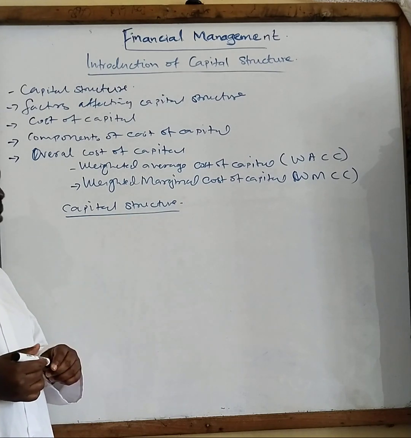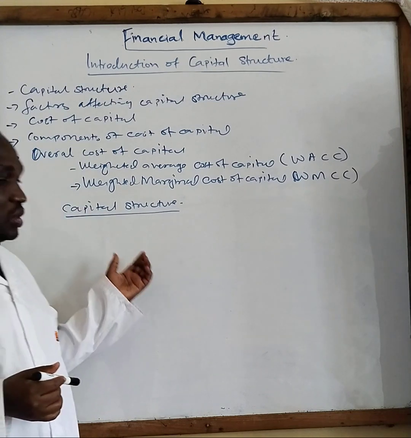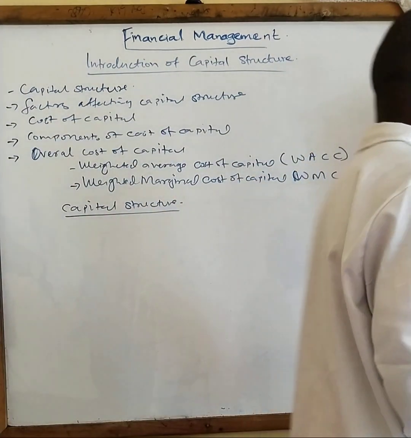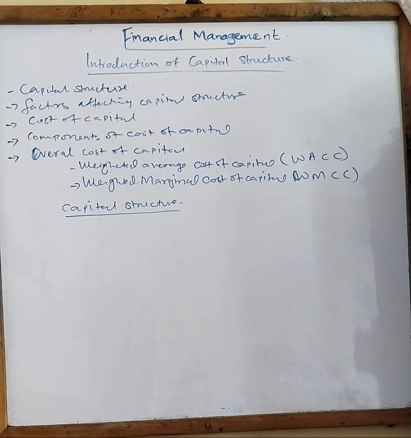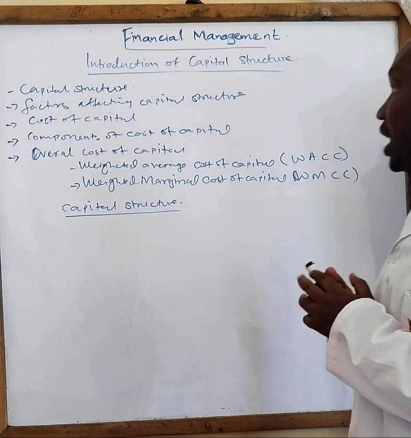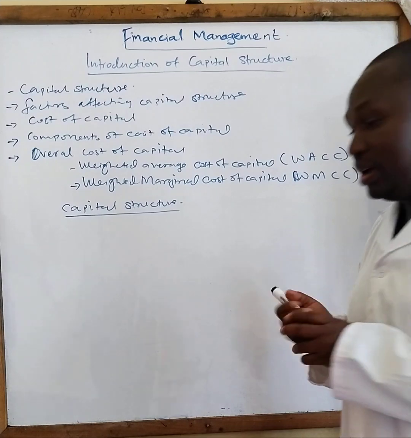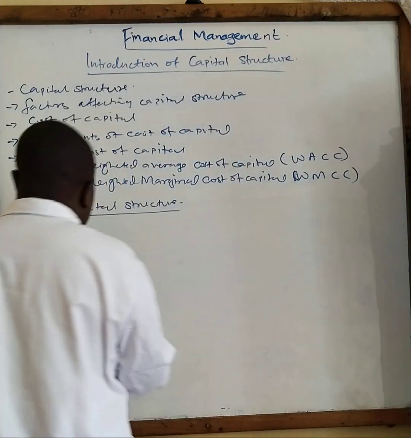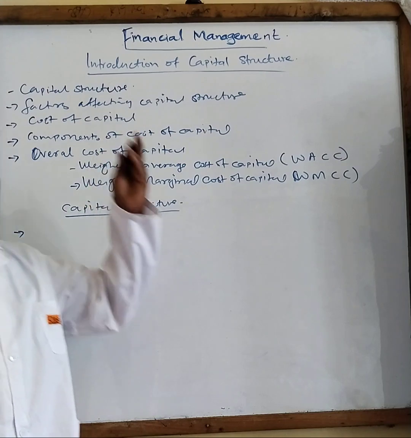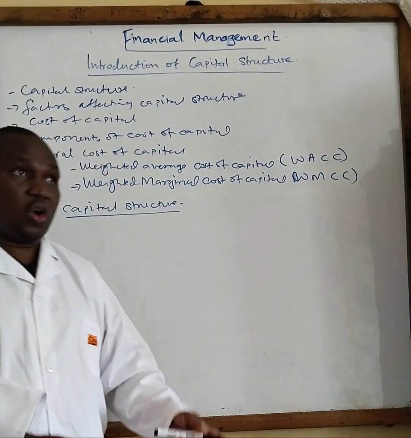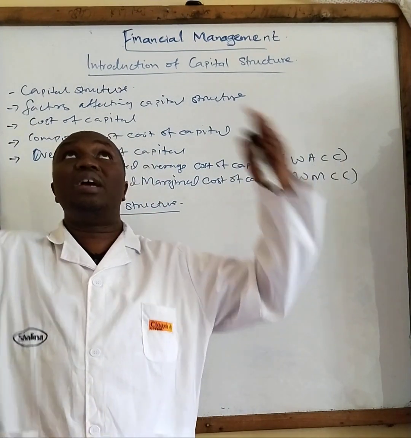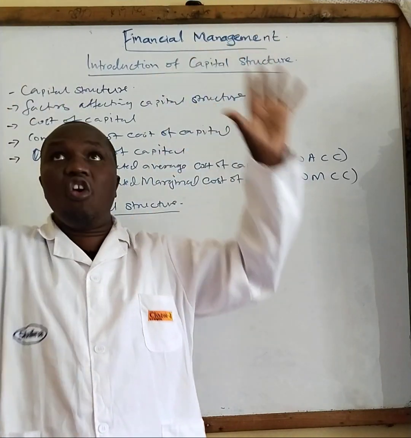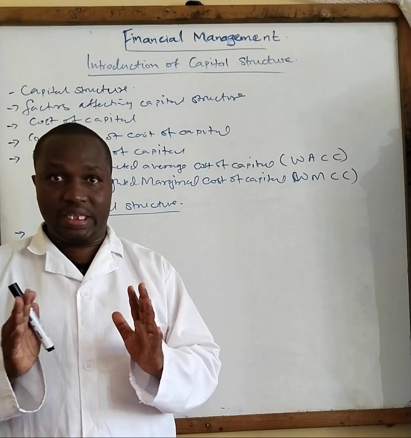So a capital structure is about analyzing the capital of an organization in relation to the composition or elements of that capital. For example, a building is made up of the floor, the wall, and the roof. These all make up a house or a building.